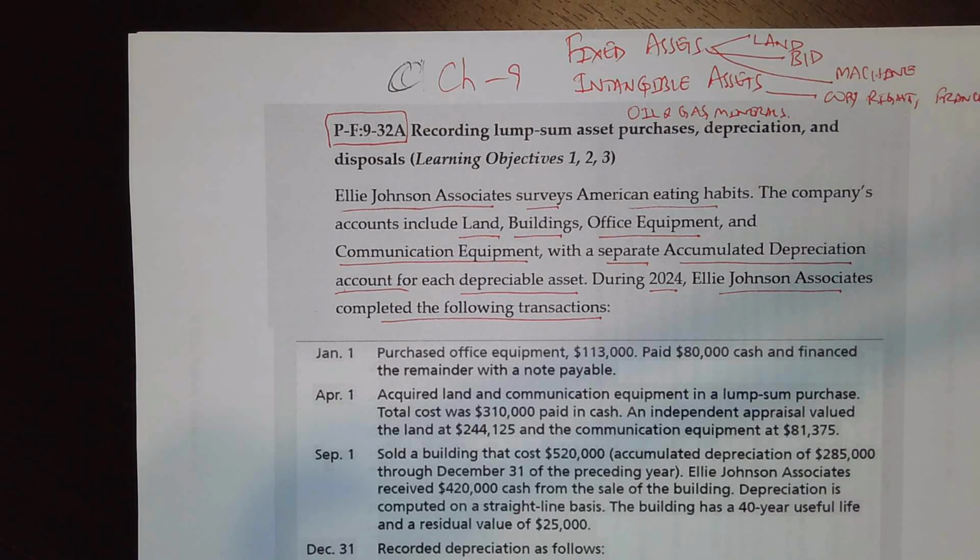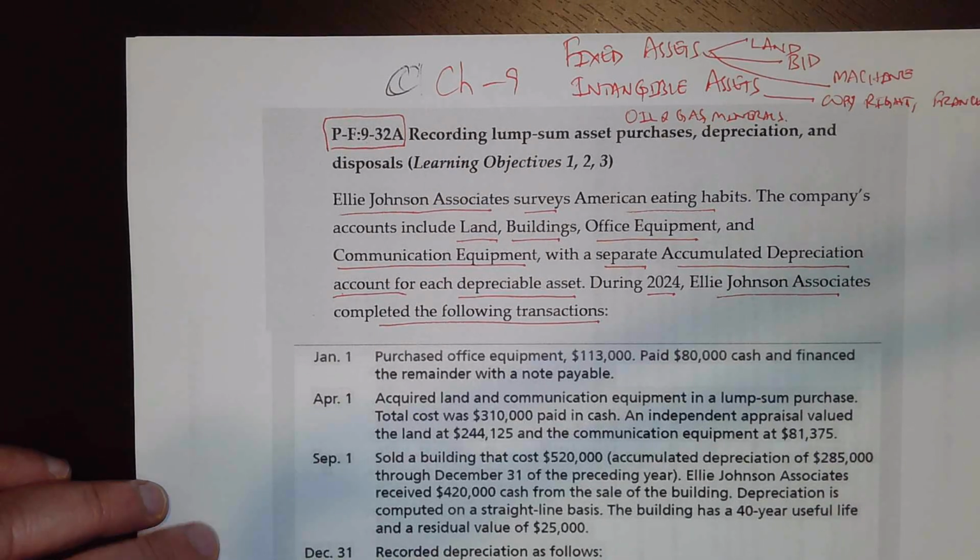A company has a right to choose what depreciation method they would like to use. For example, we have discussed in this chapter three depreciation methods: straight line depreciation, double declining balance depreciation, and units of production depreciation. So it depends on the firm which one they use.